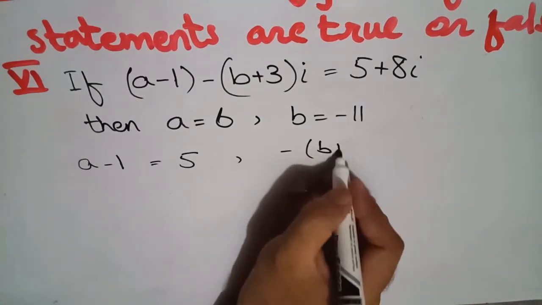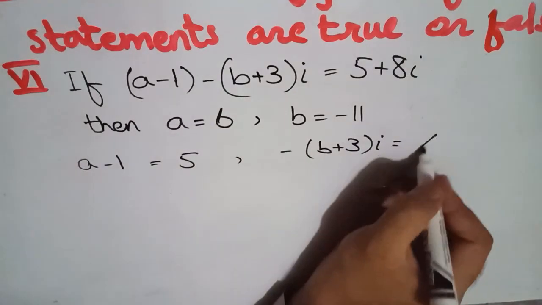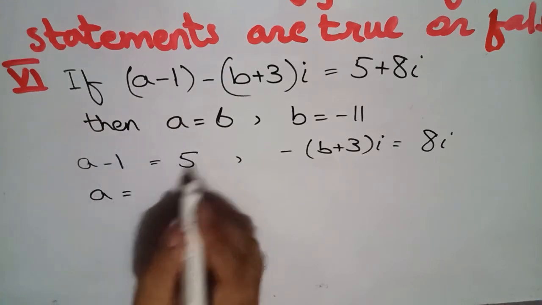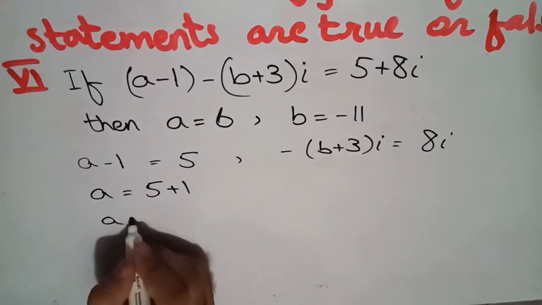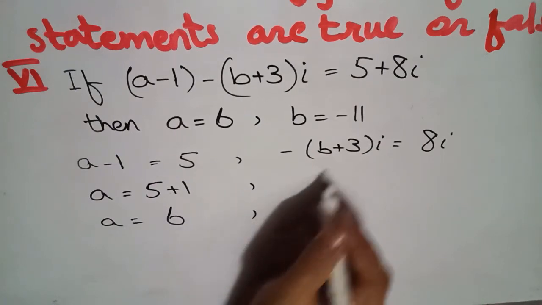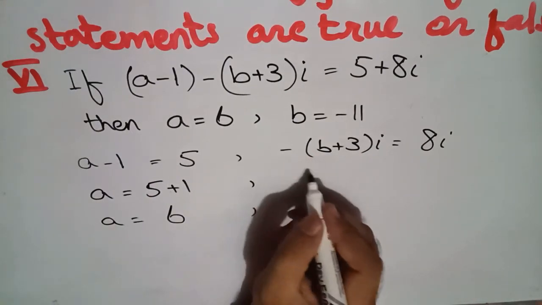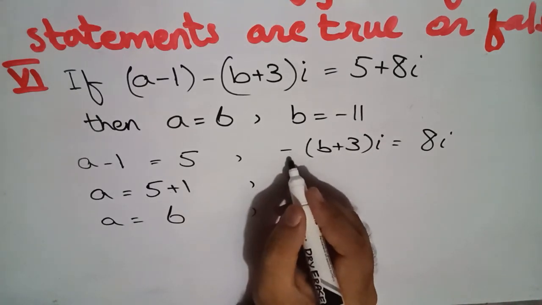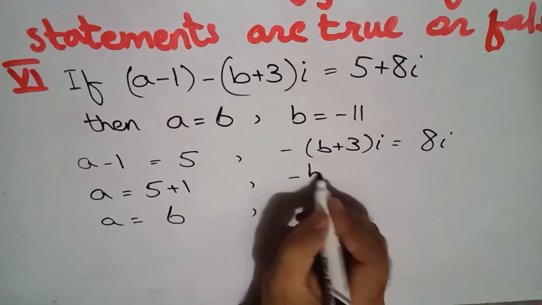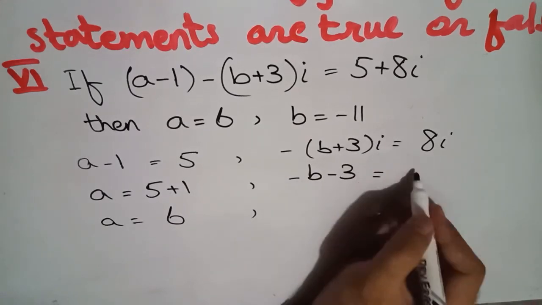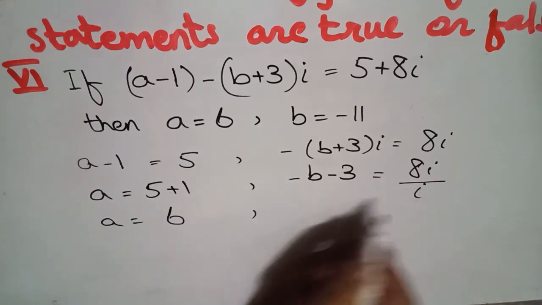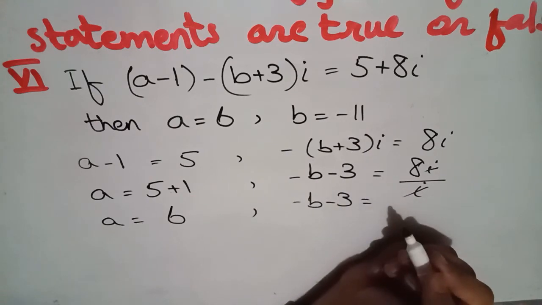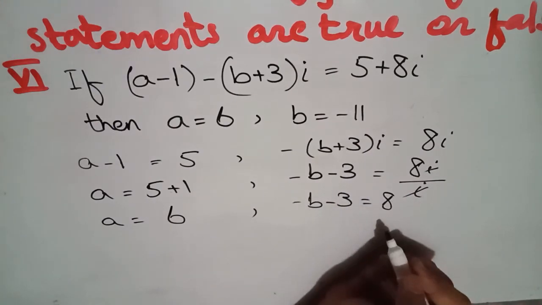and complex numbers as well. So this one will be added on the other side, and we will get a is equal to 6. The iota will be divided on the other side, but this minus will be multiplied with the factor, minus b minus 3 iota, and it will be cancelled with the iota, giving 8.